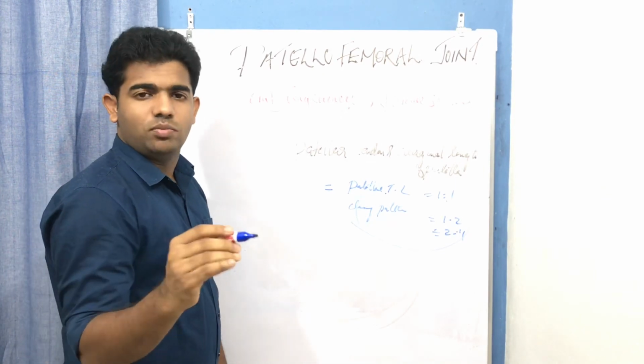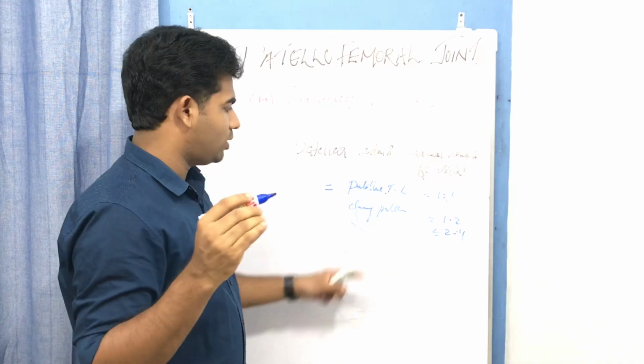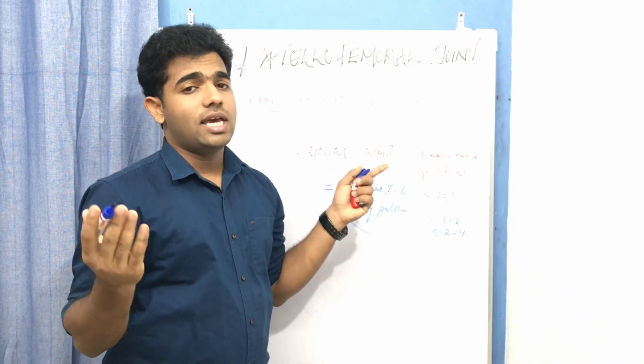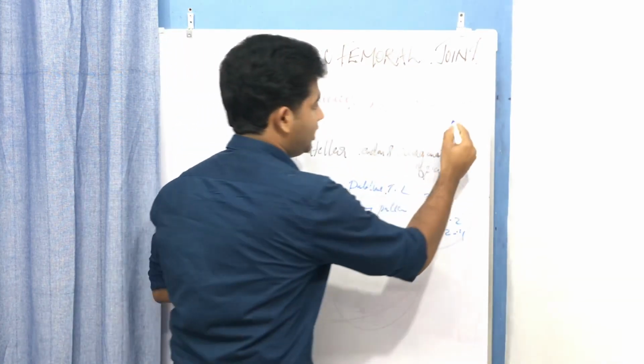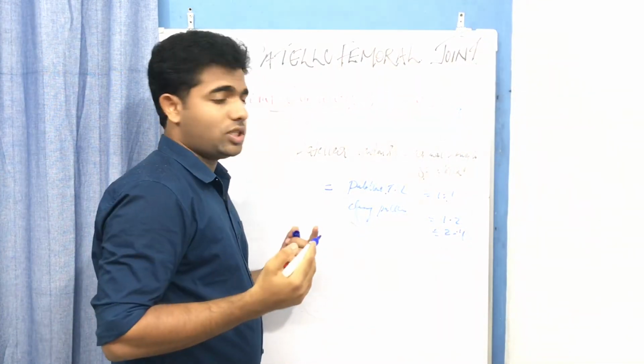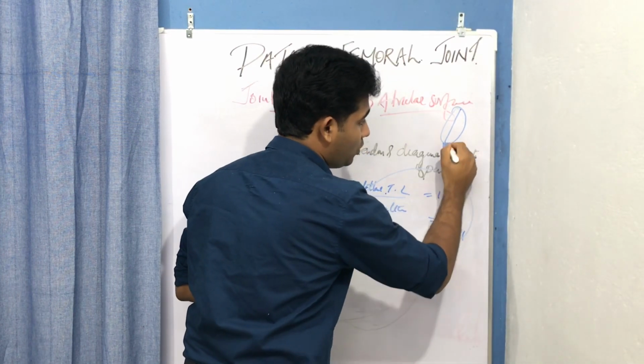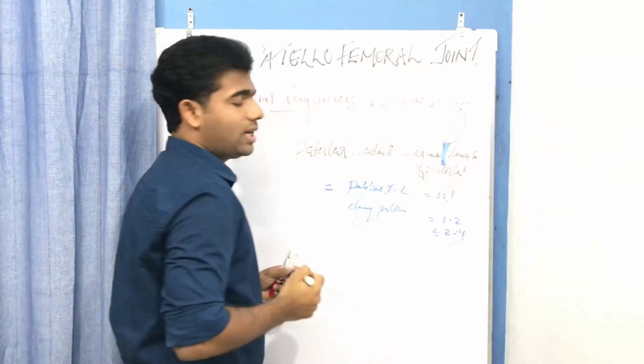relatively. That means the length of the patellar tendon has either increased or decreased, because you know that the diagonal length of the patella remains the same. That is, this diagonal length of the patella remains the same. Only thing that can change over here, mostly except in few cases, is the length of this patellar tendon.